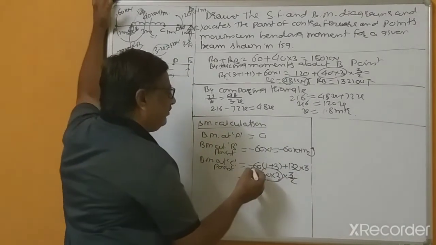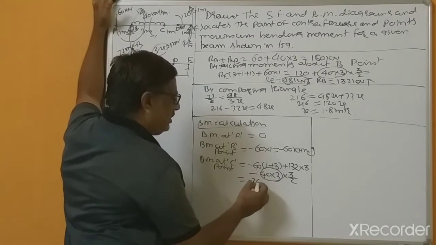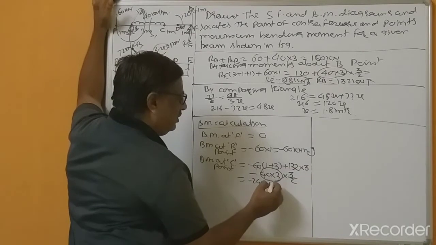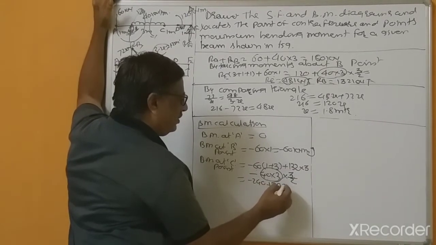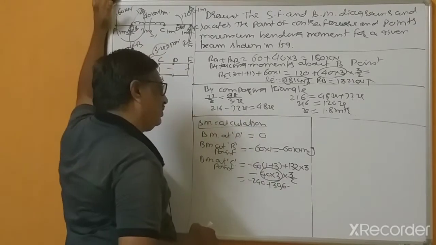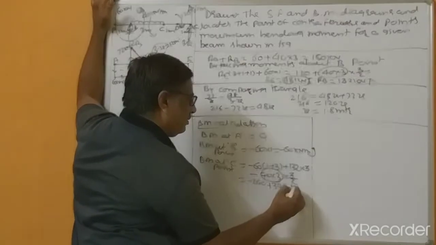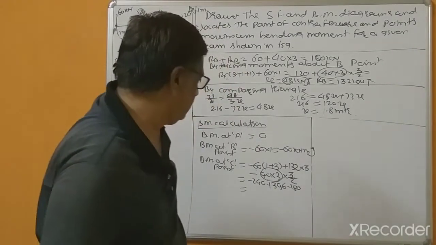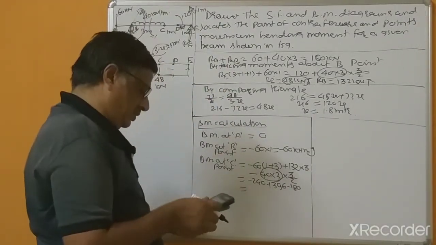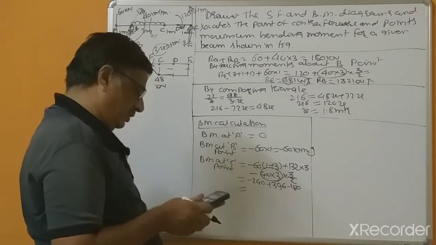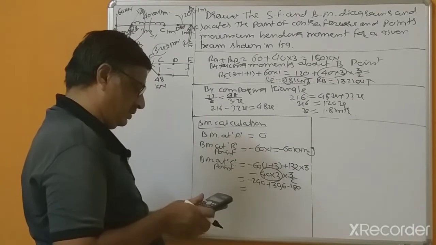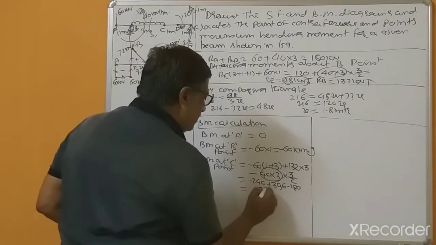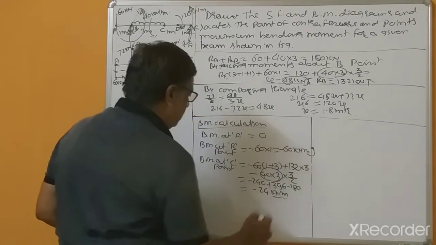So minus 60 into 4 means minus 240 plus 132 into 3, 396, minus 120 into 1.5, 180. 396 minus 180 minus 240 equals minus 24 kilonewton meter.